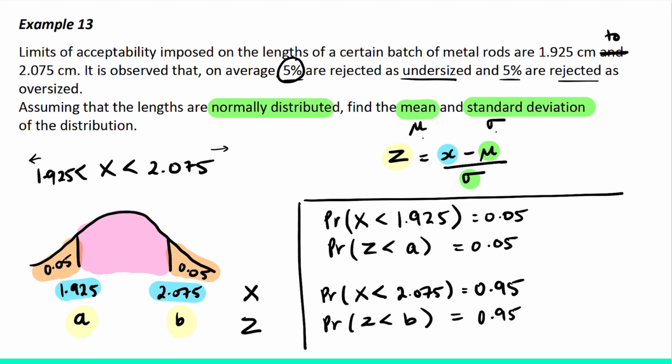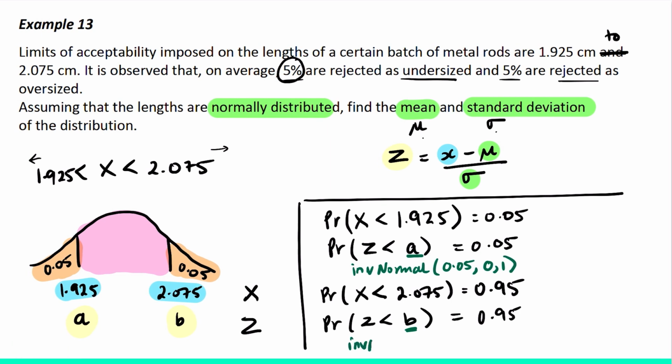Now we might be at a point where you might think that this is familiar. Given the probability, how do I find this score? Well, yes, it would be the inverse normal, which is what we learned in the previous exercise. So we would go inverse normal, the area, which is 0.05, the mean and the standard deviation. And I can use it because I know the mean and standard deviation of the z-curve, which is always 0 and 1.